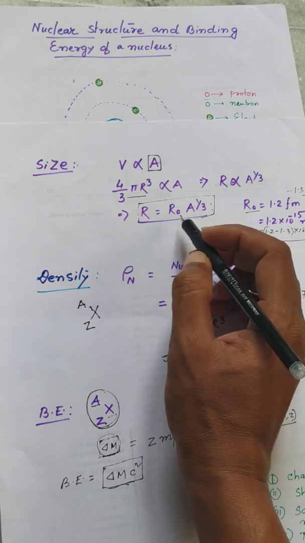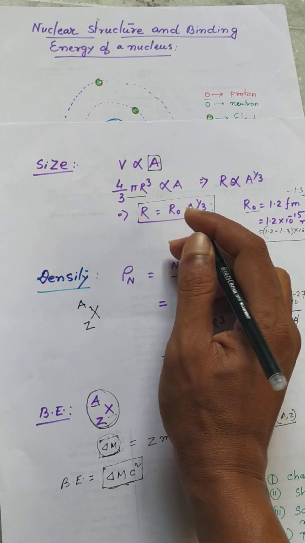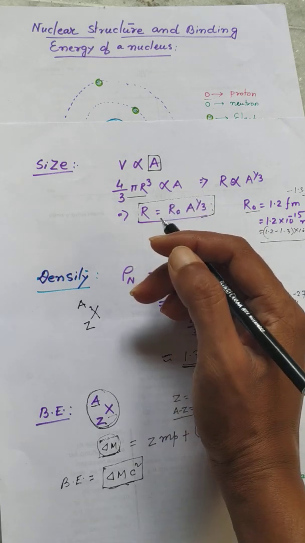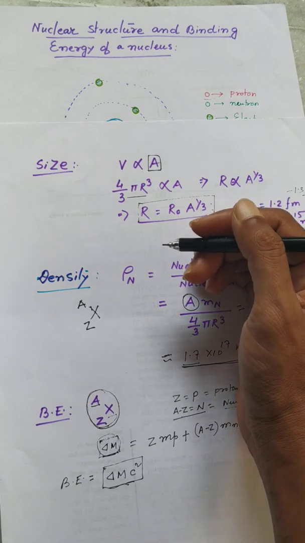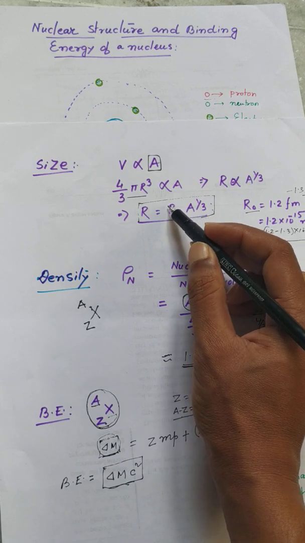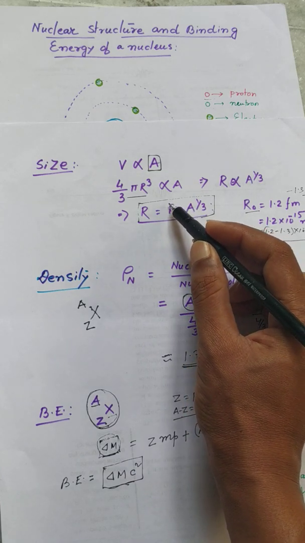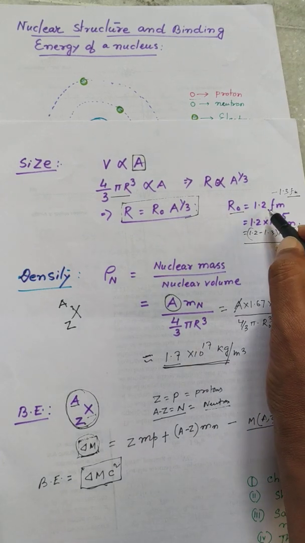This is the expression for the radius of a nucleus. Thus the radius of a nucleus depends on the number of protons and neutrons in it. Here r0 is the nuclear parameter, and its value is 1.2 Fermi.